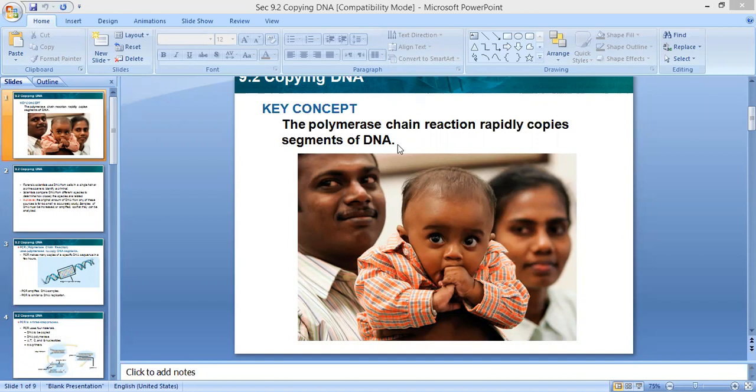But there is a scientist who found a technique that can help in copying DNA outside of the body, by using DNA polymerase in a procedure called polymerase chain reaction. This technique is used to make many copies of DNA segments to make it easier for the DNA segments to be studied.